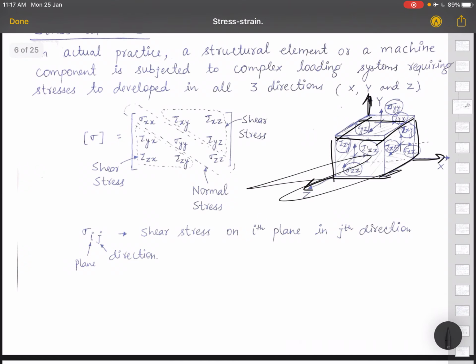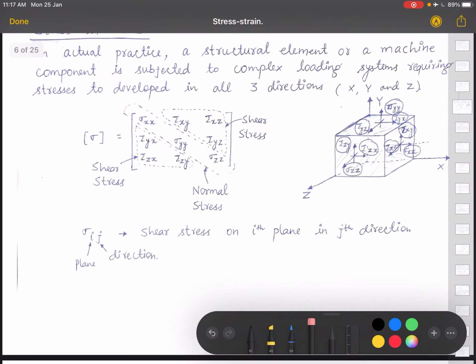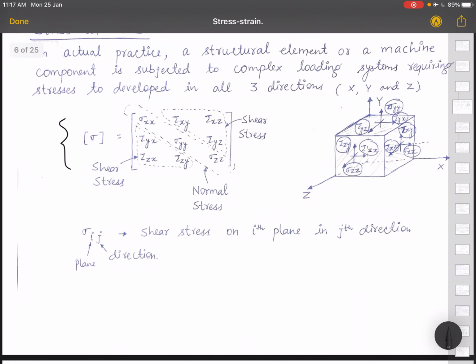Let me show you how this is your stress matrix. Any stress can be expressed in this form. Sigma is for normal stress, tau is for shear stress.